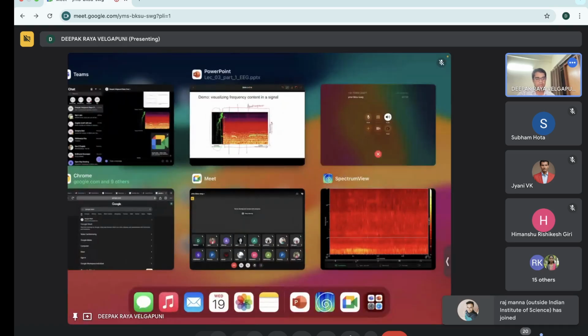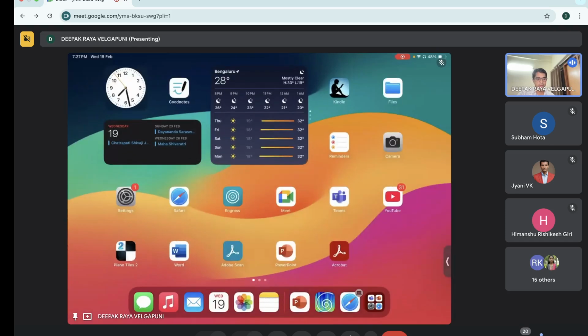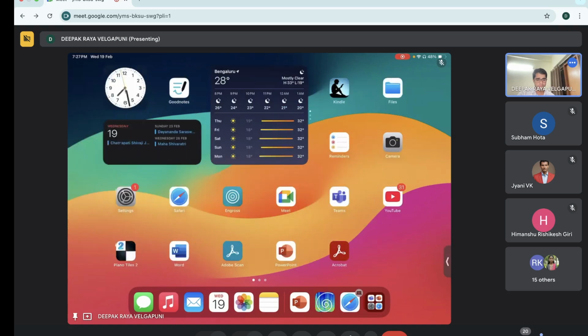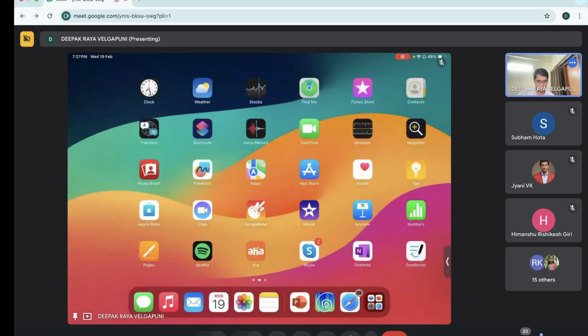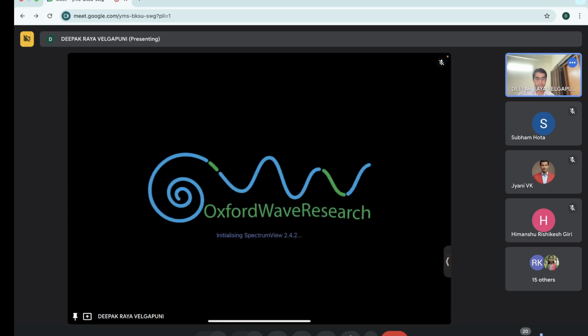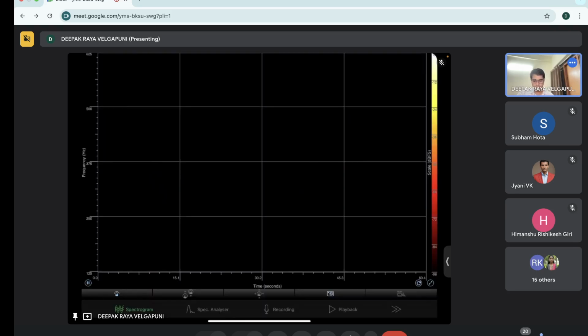There is this app which can analyze in real time. Okay, I think this is better. I think this is not playing because I'm sharing my screen.